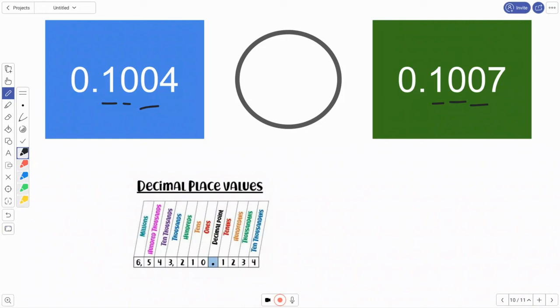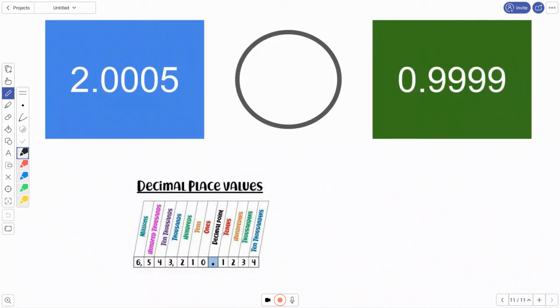We haven't determined which number is bigger yet. Finally, in the ten-thousandths, I see a 4. I see a 7. We finally have numbers that aren't equal. 7 is bigger than 4, meaning the green number is bigger. So I have the alligator mouth eat that. And I read this as 0.1004 is less than 0.1007.